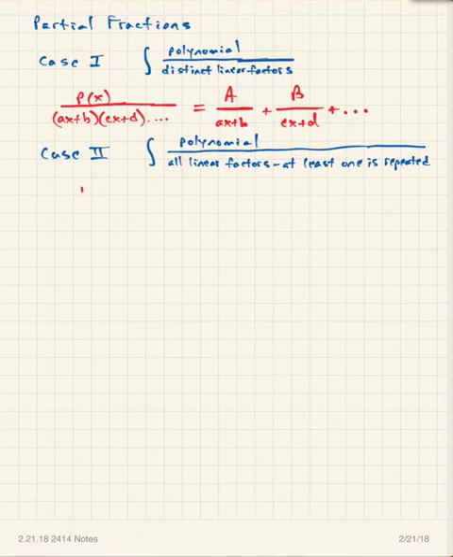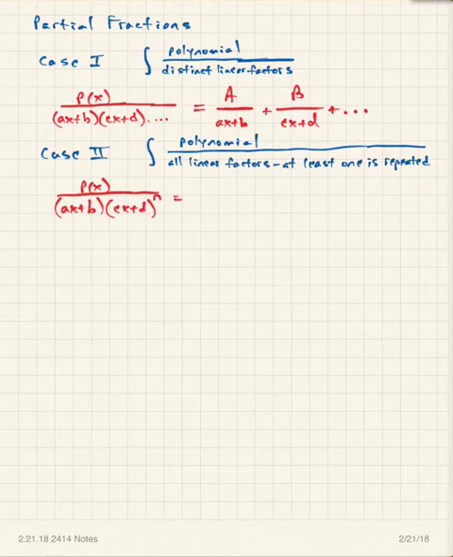So this is how we would write this. You have a polynomial in the numerator, and notice you've got all linear factors. So maybe you have a linear factor like ax plus b, and it's not repeated, but then you have another linear factor, cx plus d, and it's raised to the nth power, where n is some whole number. That's what we're talking about when we say a repeated linear factor.